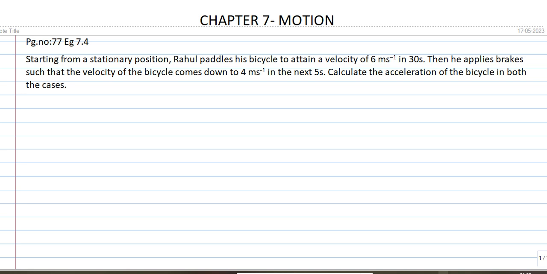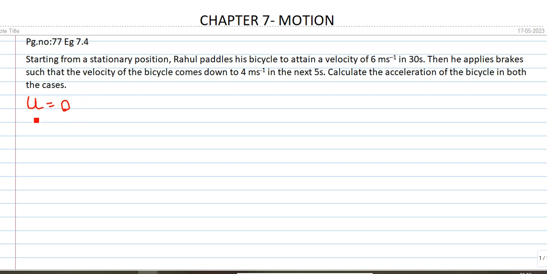So now we have to find out the acceleration of the bicycle. As usual, we will write down the information given in the question. First thing is Rahul paddles his bicycle to attain a velocity of 6 meters per second in 30 seconds from a stationary position. So this means that the initial velocity u of the bicycle is 0.